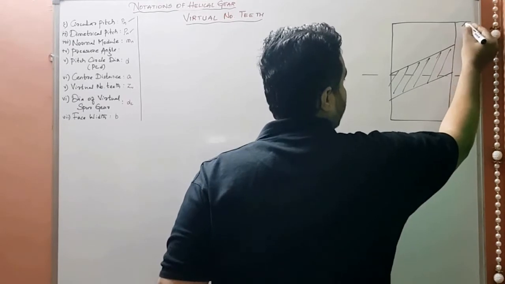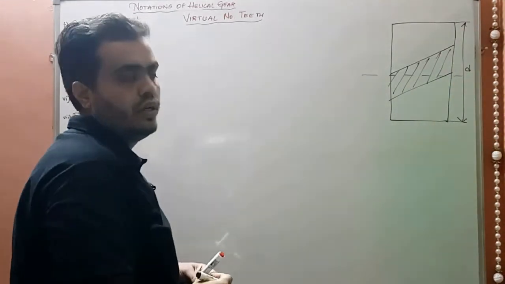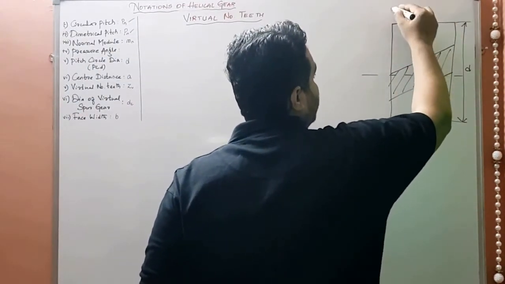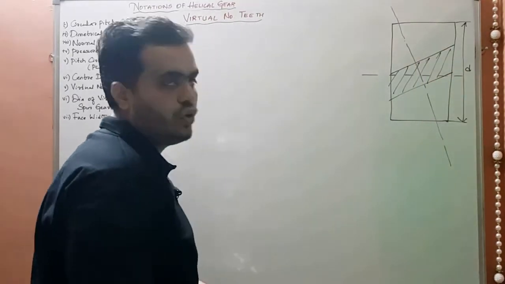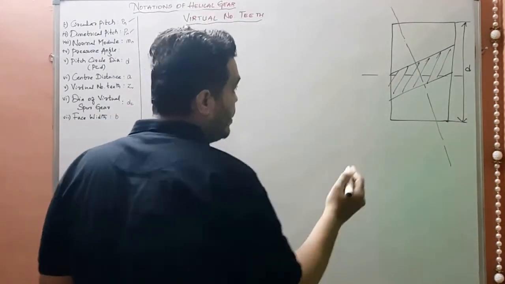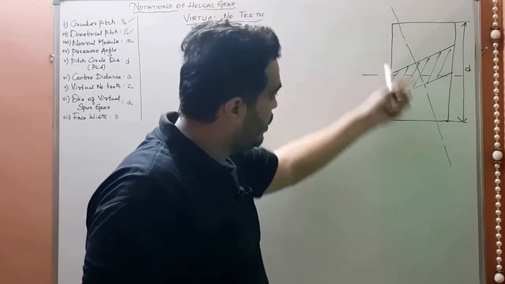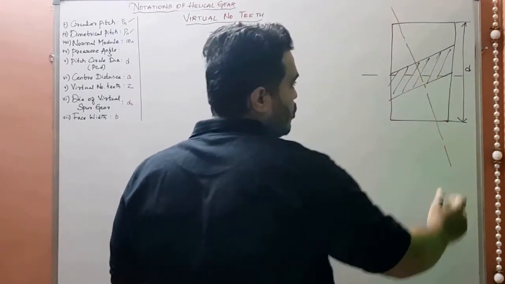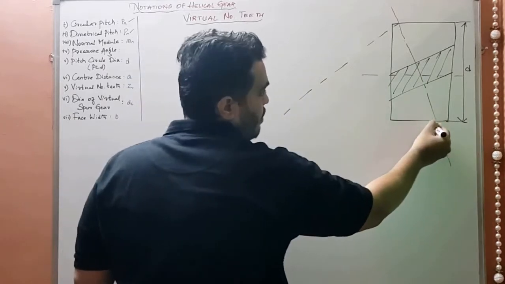The distance of this will be D. What you have to do is consider this normal axis, right? One thing you should understand. To get the virtual number of teeth, we need to cut this helical gear with respect to this normal plane, so that you will get an elliptical shape, right?